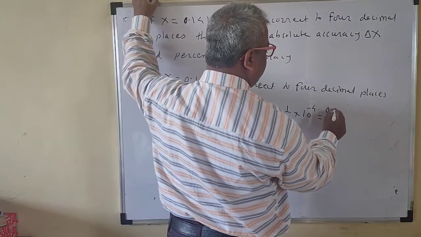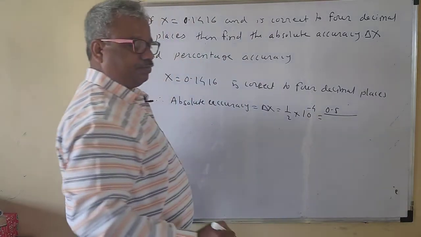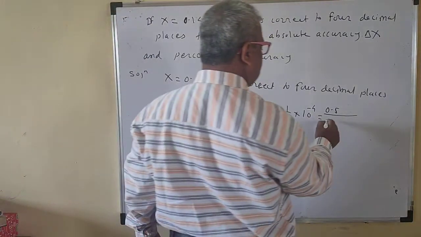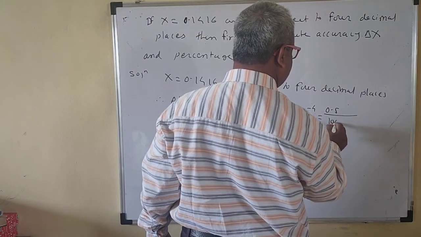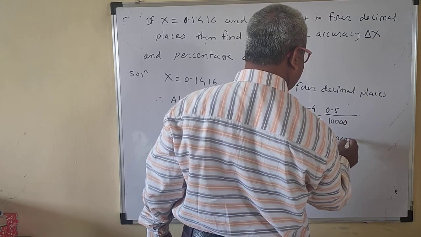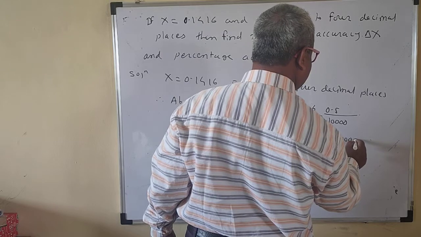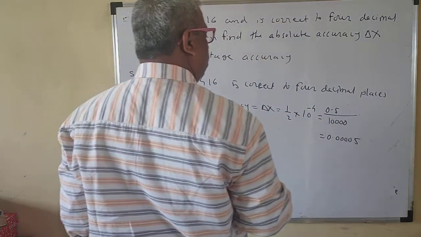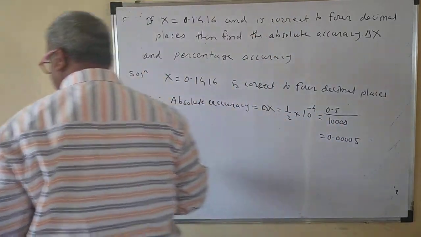So this is 0.5 upon 10 raised to 4. So this is 0.0005. Okay.